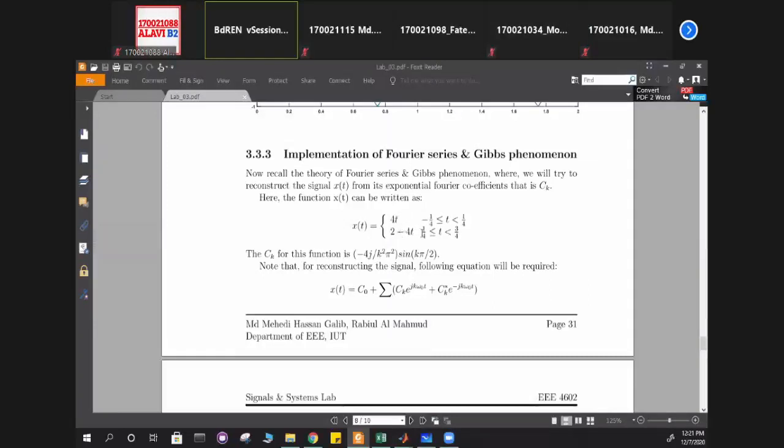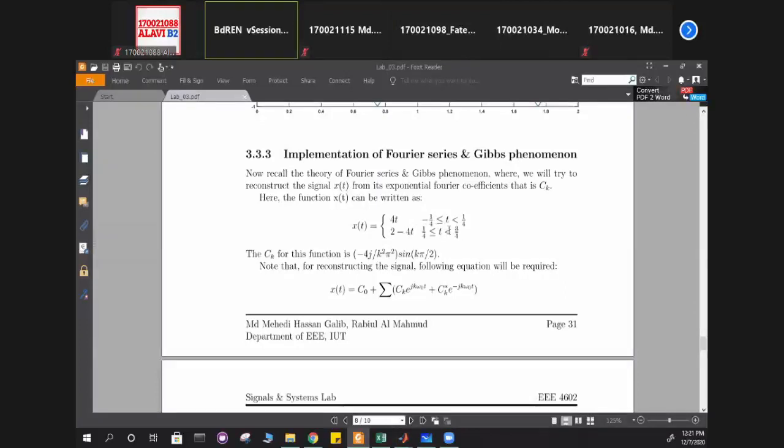I have told you that you can subdivide a periodic signal into a few pieces, and then find the equations for those. Now you can see it starts from -0.25 to 0.75.